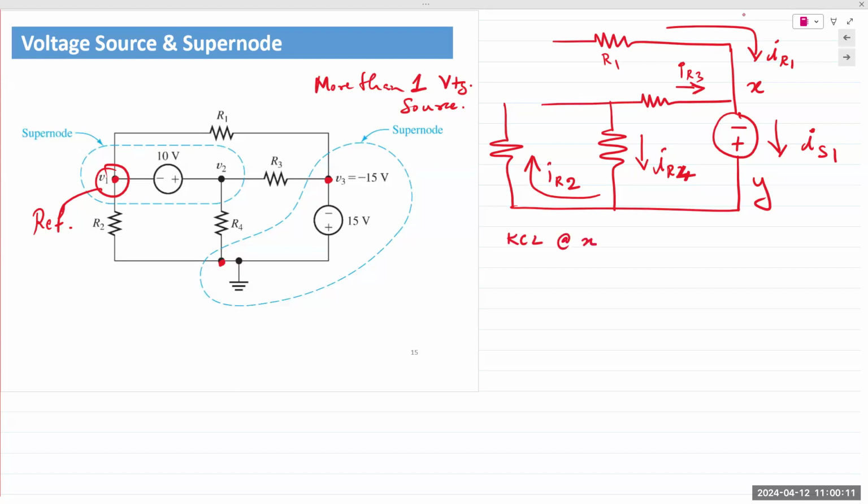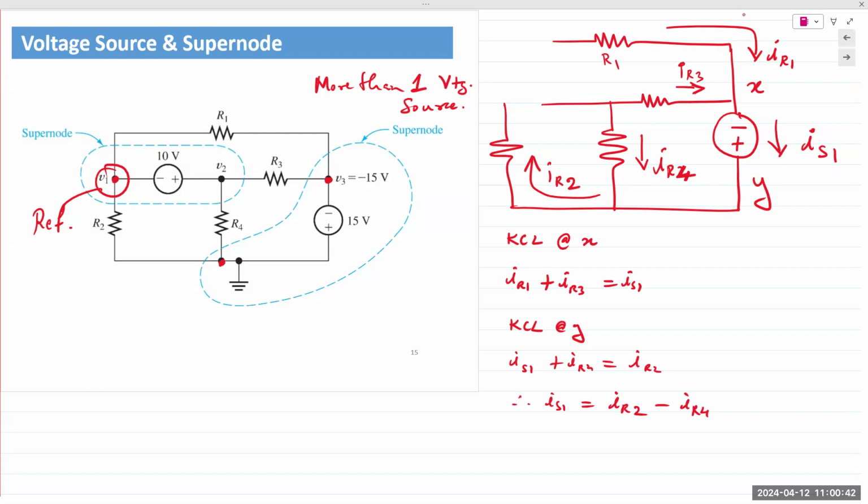So KCL at X gives me IR1 plus IR3 equals IS1. At the other end, I can write KCL at Y: IS1 coming in, IR4 coming in, IR2 leaving. Therefore, IS1 equals IR2 minus IR4.